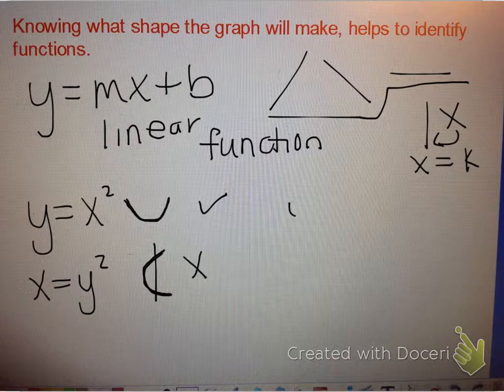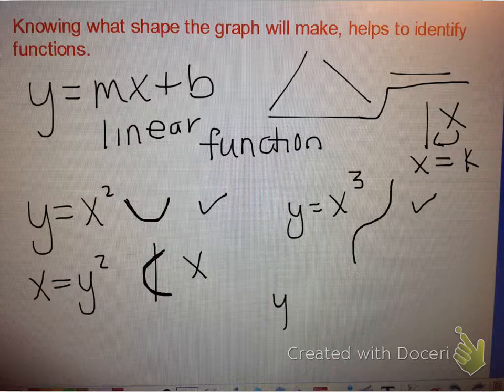You have y equals x cubed, and we know that it makes a graph like this. This is not vertical, so this would, yes, be a function. You have y equals the absolute value of x, and that graph makes a V, remember, because absolute value is the distance from 0, so it's positive once it's in the bars, so this would be a function also.